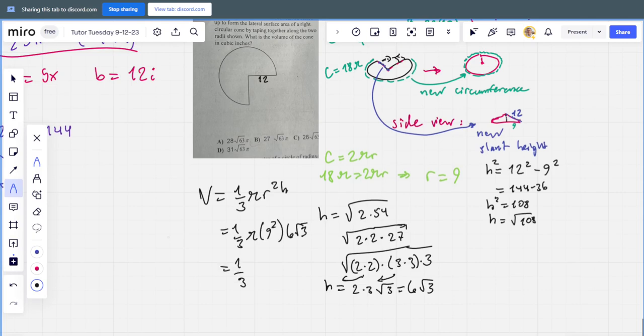So we get 1/3 times 9 squared, where 9 squared is 81. If we take 81 divided by 3, we get 27 pi times 6 root 3. And then what's 27 times 6? That's going to be 162 pi root 3.